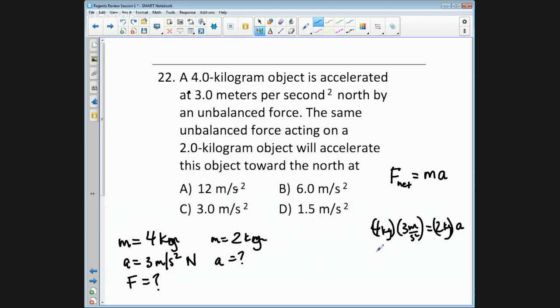Okay, so we get 12 newtons on the left side equals 2 kilograms times the acceleration, and you get acceleration equals 6 meters per second squared. So that would be B.